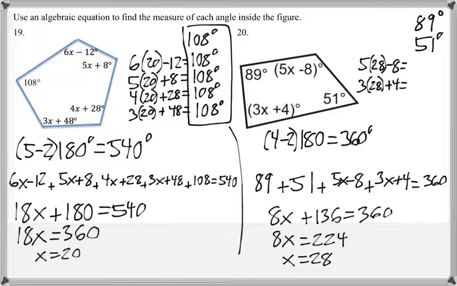So the first one is going to be 132, and then the second one is going to be 88. So those are our four angles.